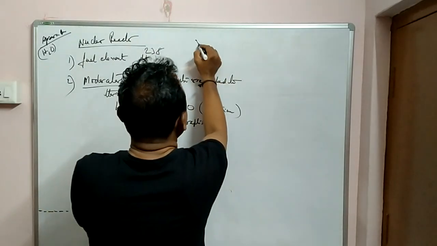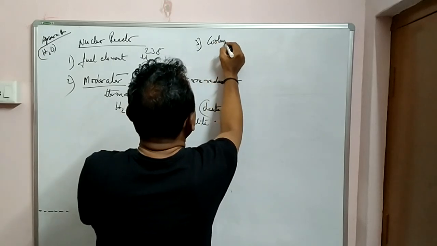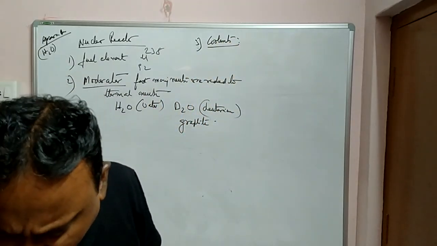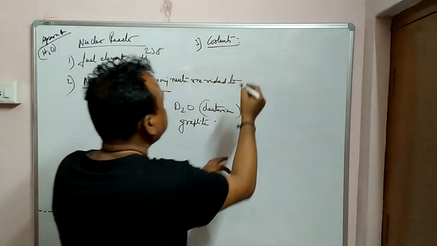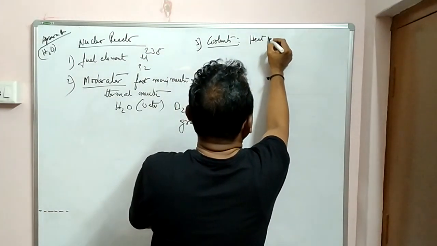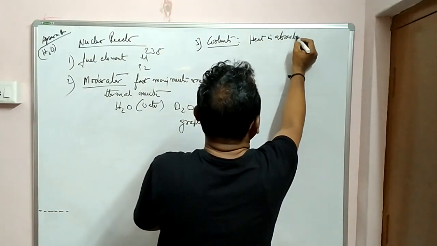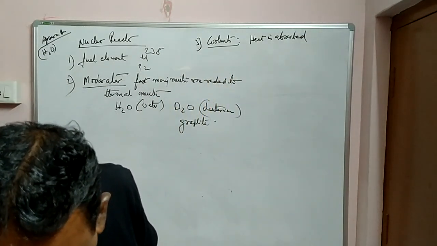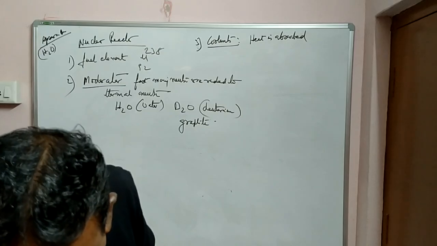Third point, coolants. What is the job of coolants in a nuclear reactor? Generally, what does a coolant do? It absorbs heat energy. Heat is absorbed in the nuclear reactor. Okay? And finally, what happens? It sends this heat to the boiler.